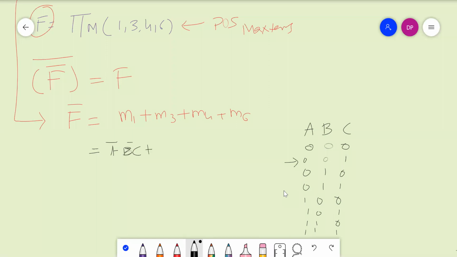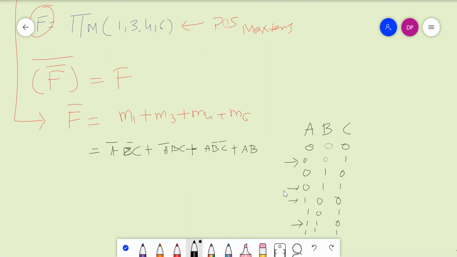Plus m3, A bar dot B dot C, plus m4, A dot B bar dot C bar, plus m6, A dot B dot C bar.